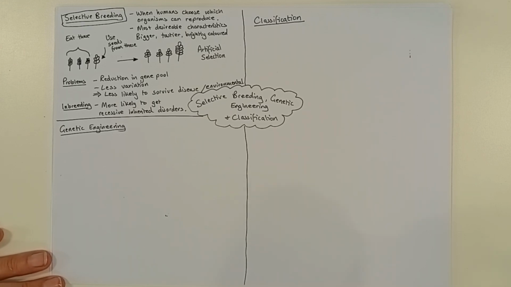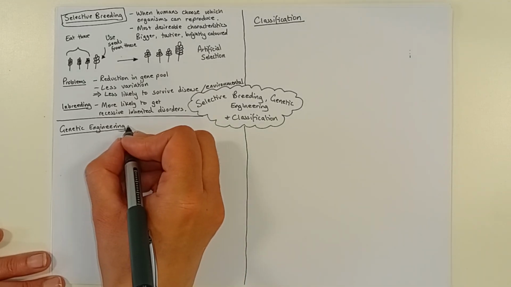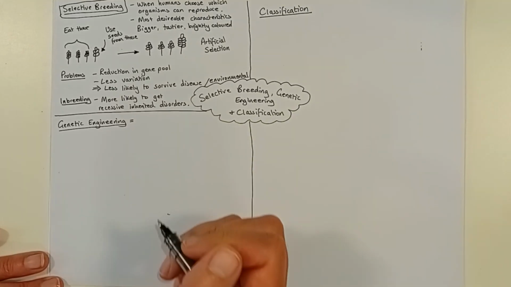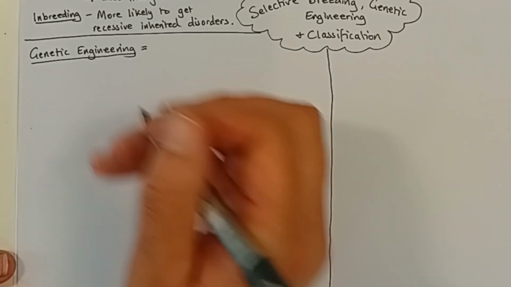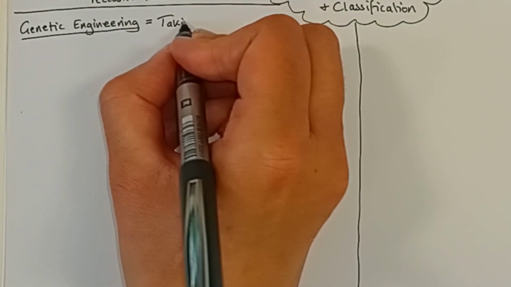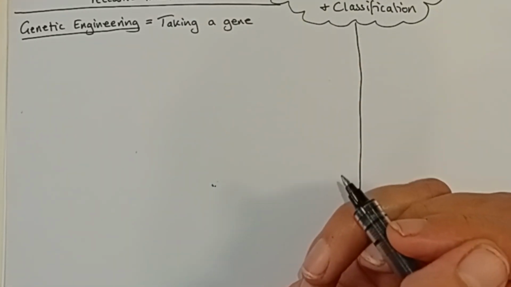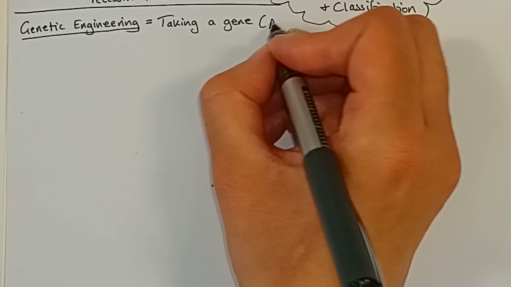In genetic engineering, then, we're changing organisms, and again, we're choosing how we change them, but we're doing it by taking genes, sections of DNA, and putting them from one organism into another. So we're taking a gene, and remember, a gene is a bit of DNA that codes for a protein.